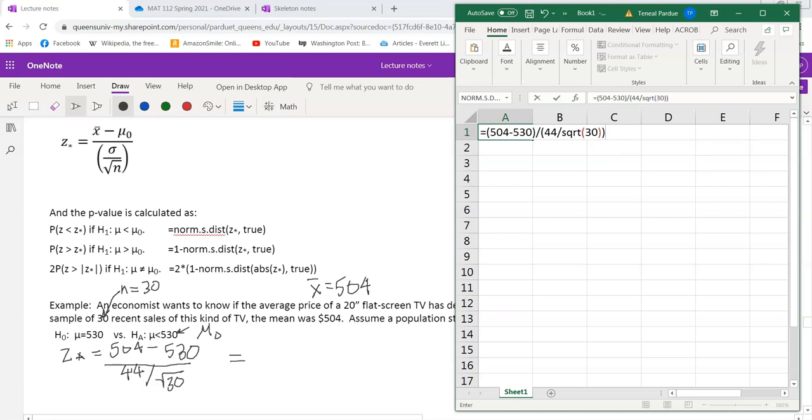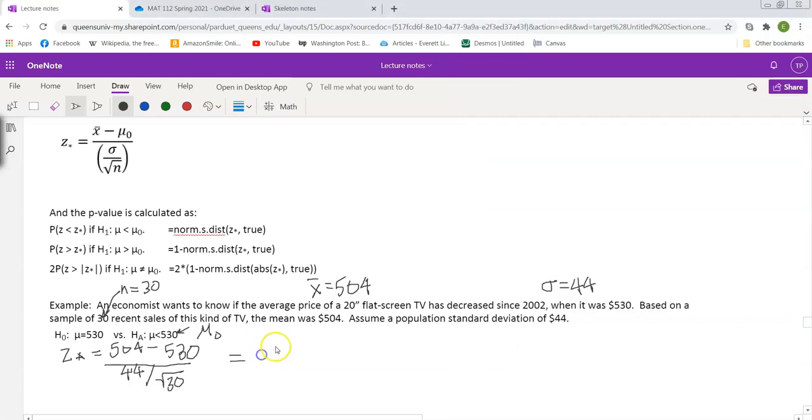So that means this bottom one's going to have 2 sets of parentheses to close. So this is our test statistic, which comes out to be negative 3.236. So that's our test statistic.